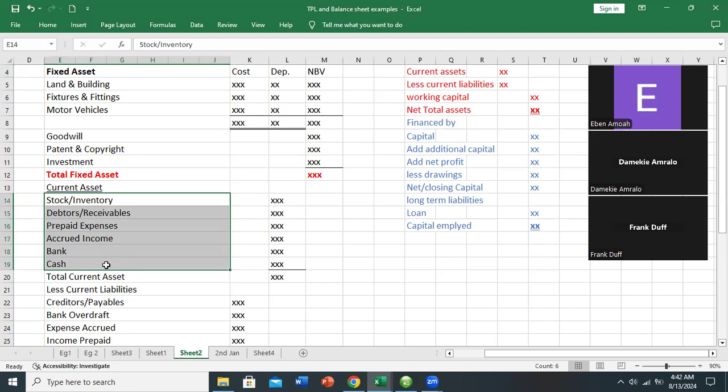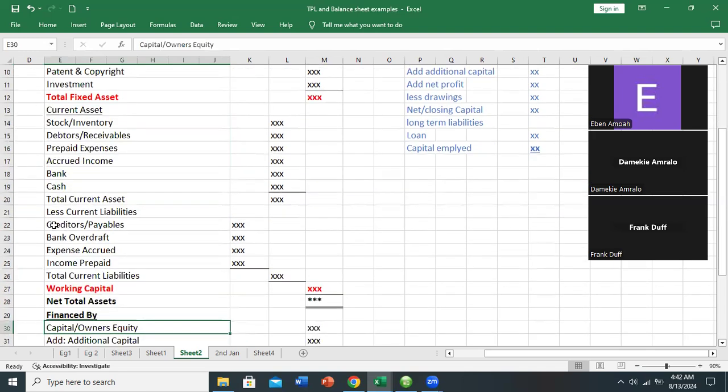For the current liabilities, we saw the creditors, bank overdraft, expenses accrued, and then the income prepaid.